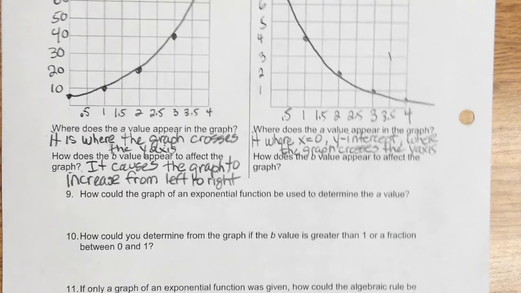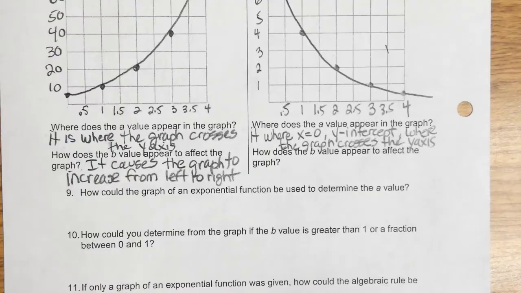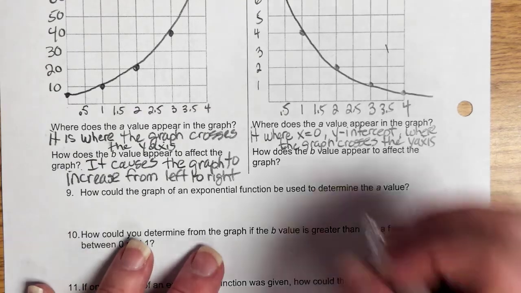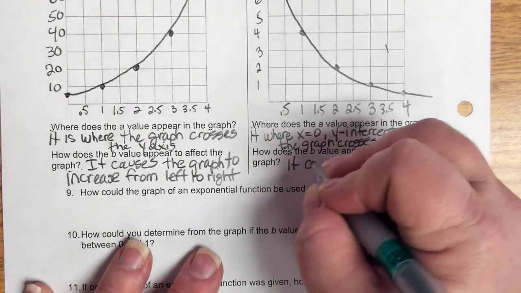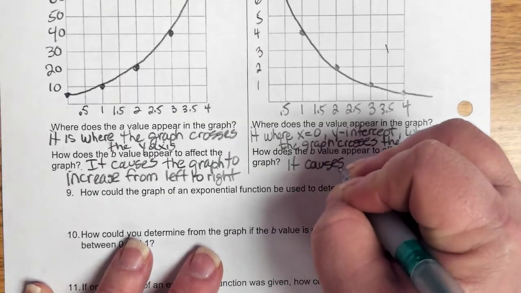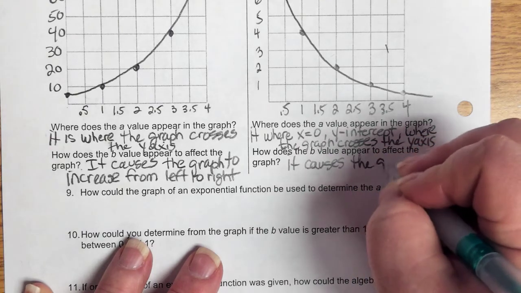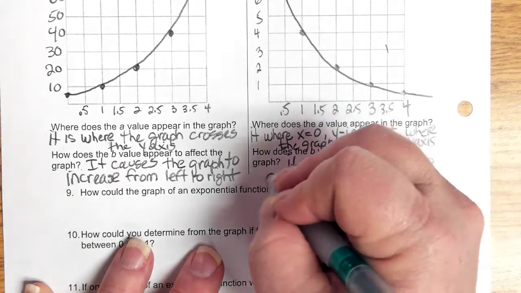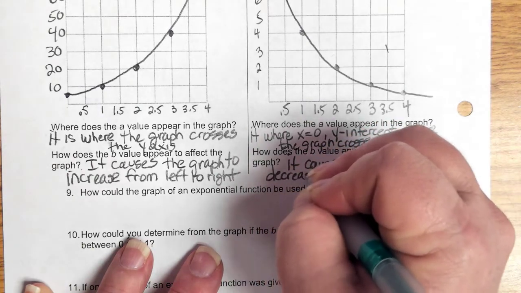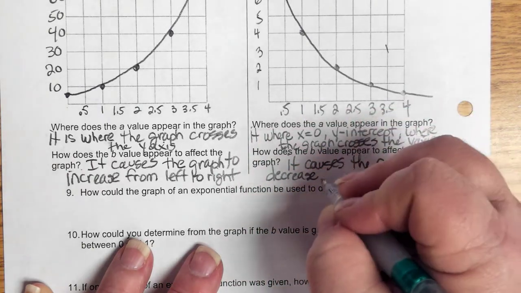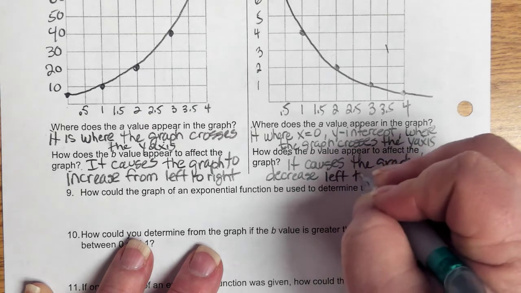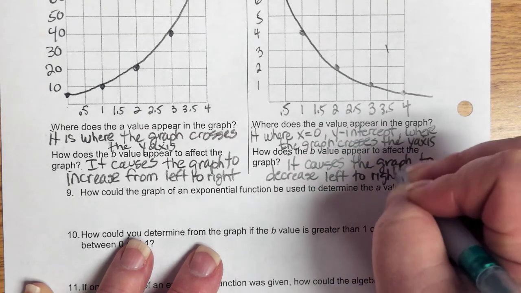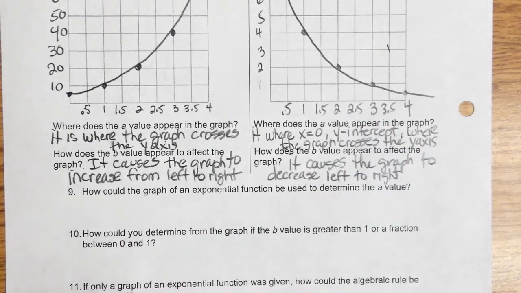Okay? It says, how does the B value appear to affect the graph? Well, this time it causes the graph to decrease from left to right.